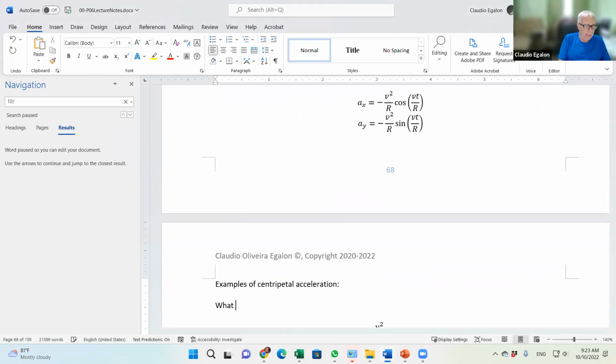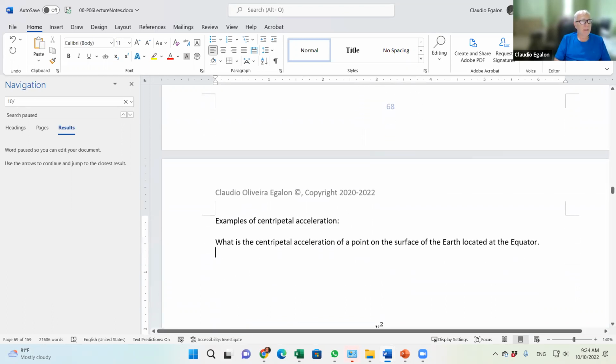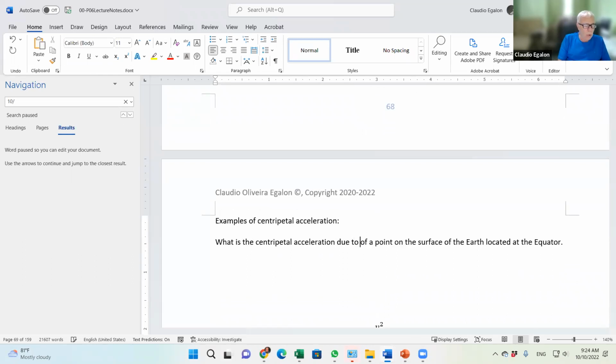One example that I like to share with you is: what is the centripetal acceleration of a point on the surface of the Earth located at the equator? What does the centripetal acceleration do to the rotation of the Earth?